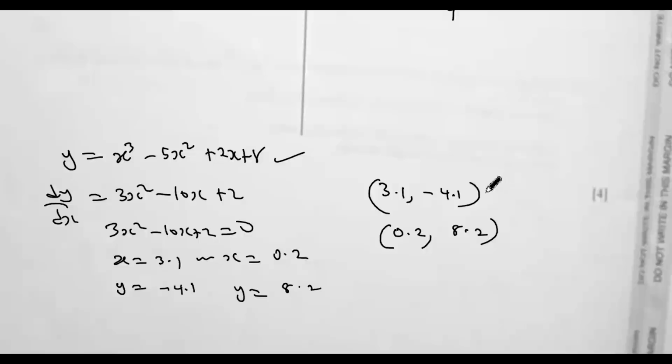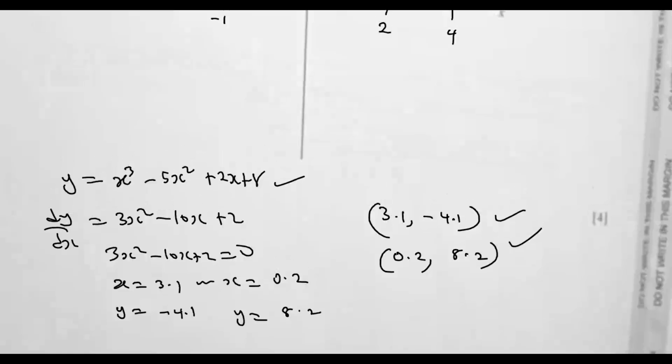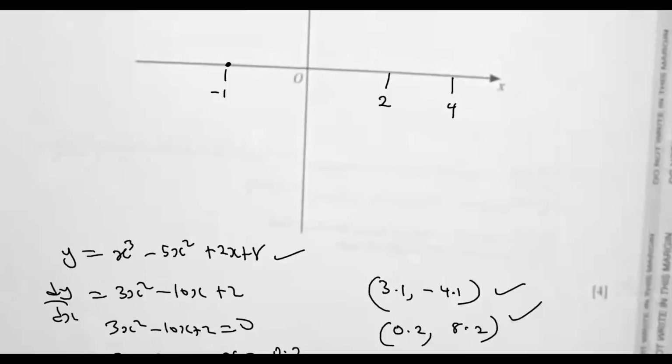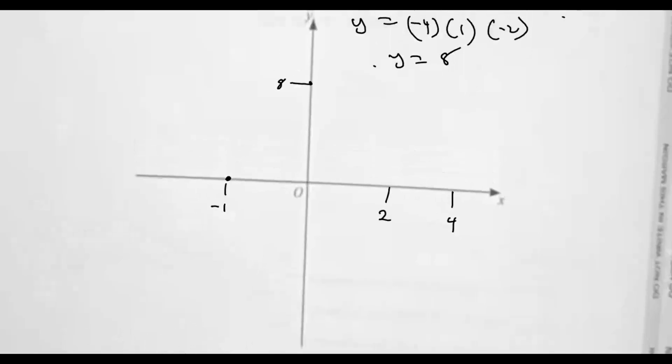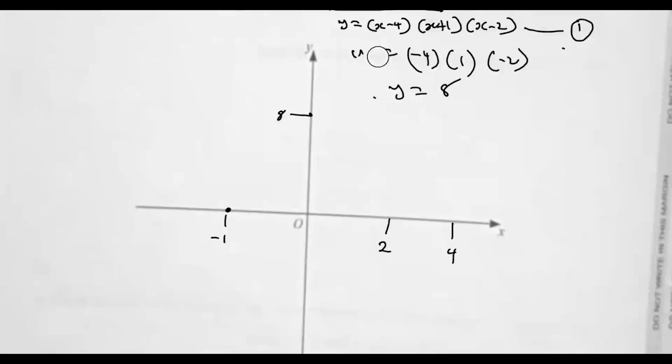So we can easily illustrate these two stationary points on the axis here. Let's scroll up. The first one is when x equals 0.2, which will be in between 0 and 2 here, and the corresponding y value will be 8.2. So that means a point above here.